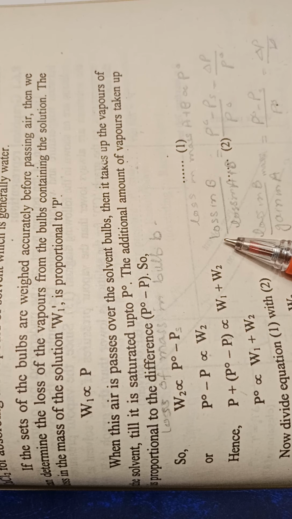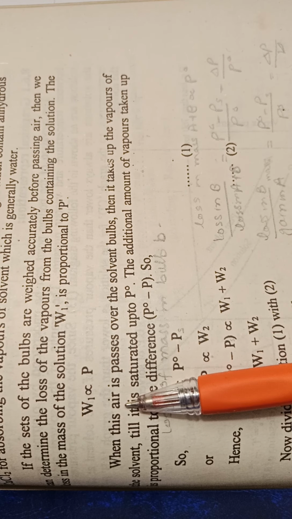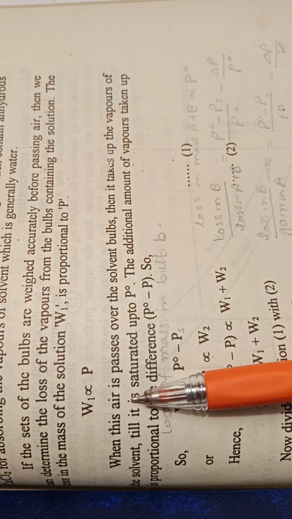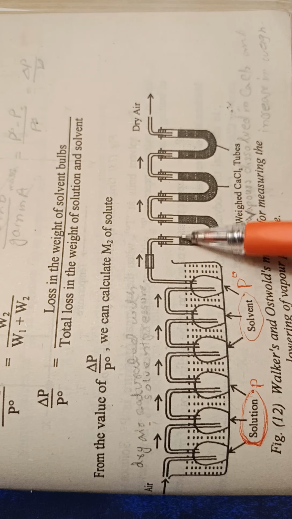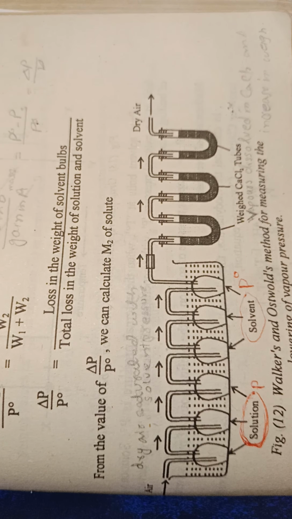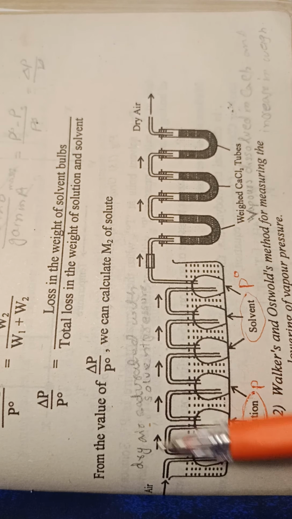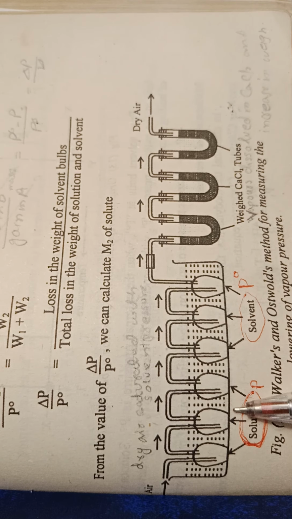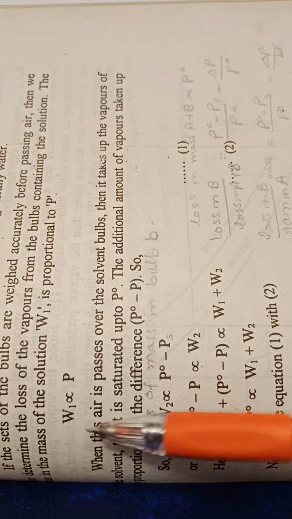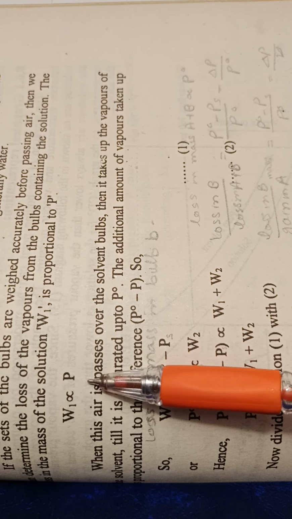Then it takes up the vapors of the solvent till it is saturated up to P naught. So here this air is the air coming from the complete connection. For the first case we absorbed the air coming only from the solution. For this case W1 is proportional to the vapor pressure of the solution.